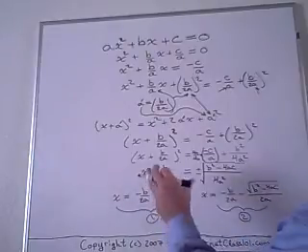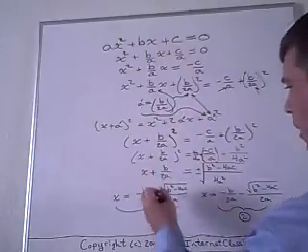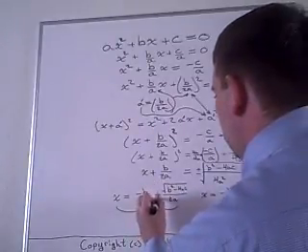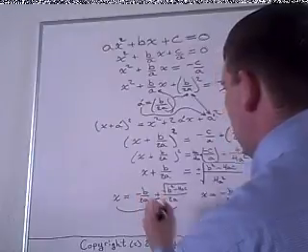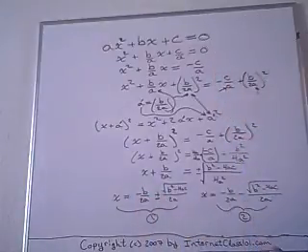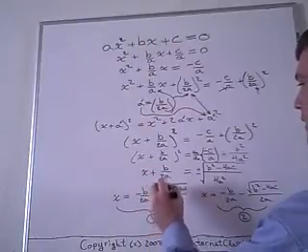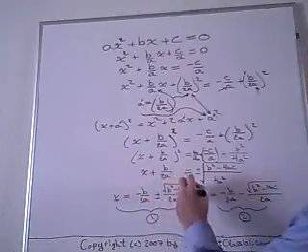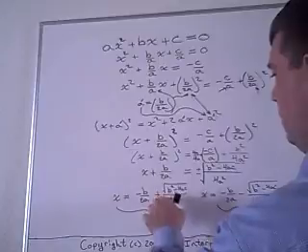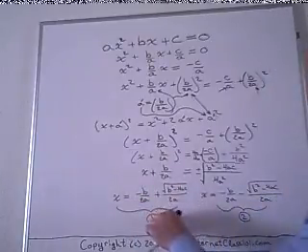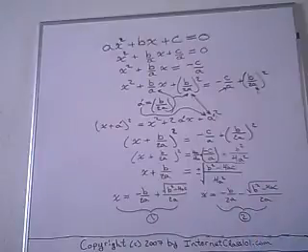So you'll see the quadratic formula written as x equals negative b over 2a plus or minus square root of b squared minus 4ac, divided by 2a. What they mean by that is exactly what I've done here. It'll be plus here for the first root, minus here for the second root.